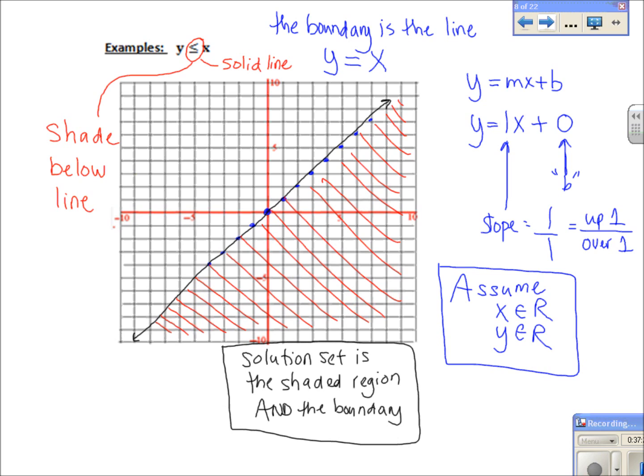And that's because y was less than or equal to x. That means this is not a strict inequality. That means that any point that is a solution for that linear inequality could be found here, for example, or here, in the shaded region, or it could be a point right on the line itself.